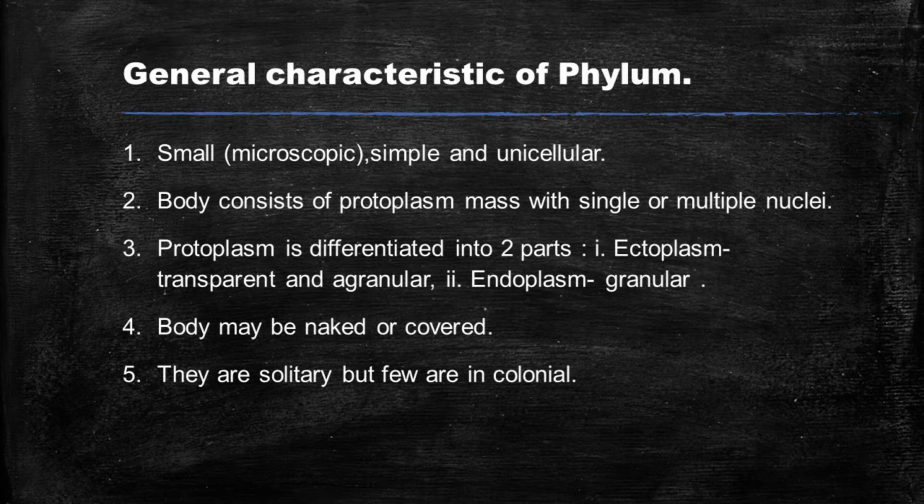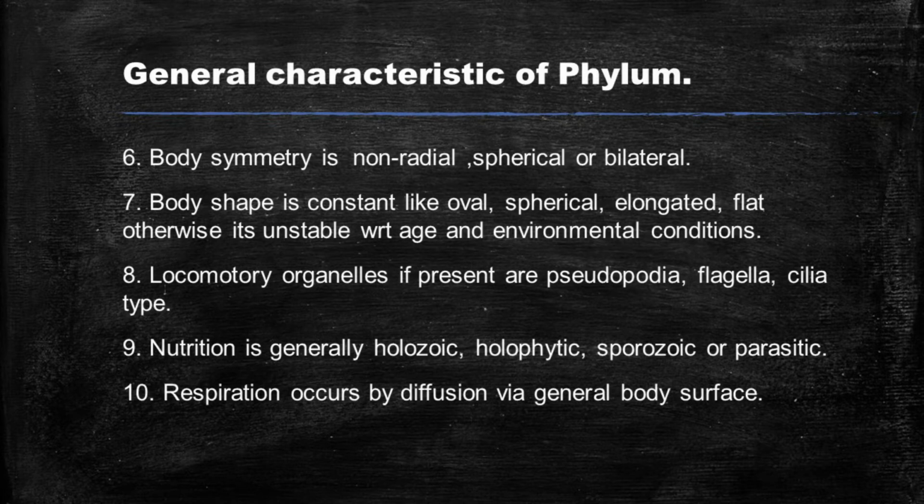Now we'll move forward to the next slide. Based on the definition or the initial characteristics, body symmetry is different with respect to different organisms, and the same goes for shape as well. A few of them may have locomotory organelles like pseudopodia, flagella, cilia, and different types of nutrition modes are seen here: holozoic, holophytic, sporozoic, or parasitic.